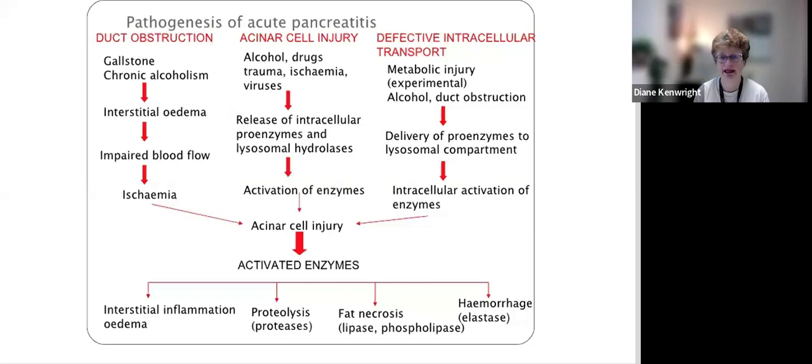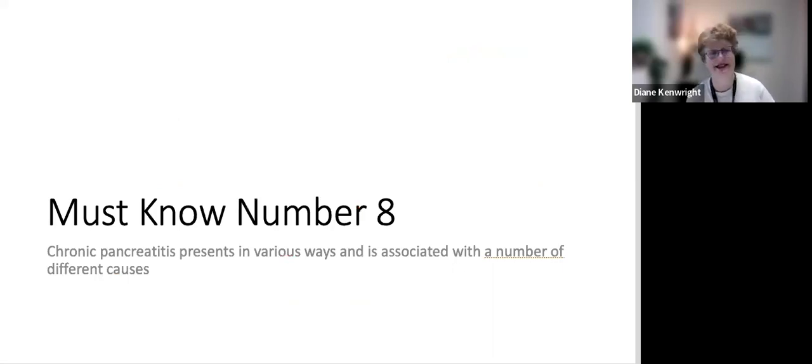The 3 different ways lead to acinar cell injury, and can also directly damage the duct, leading to release of activated enzymes, which cause interstitial edema, proteolysis, which leads to hemorrhage because the blood vessels are dissolved, and fat necrosis. We are up to must know number 8.